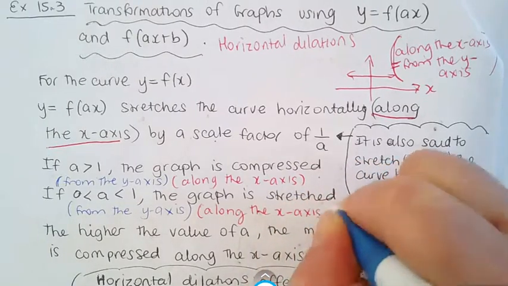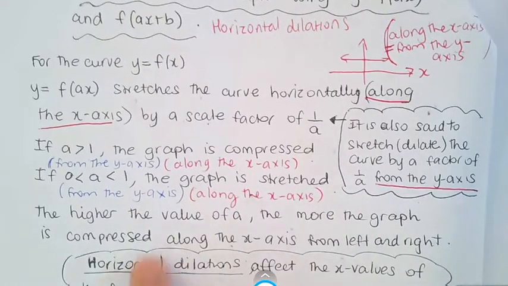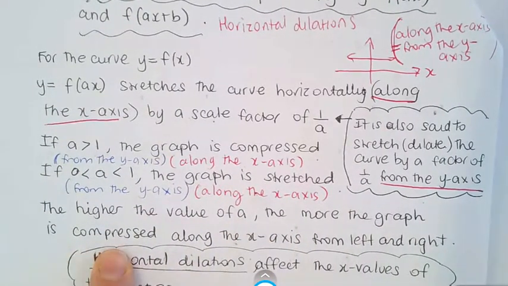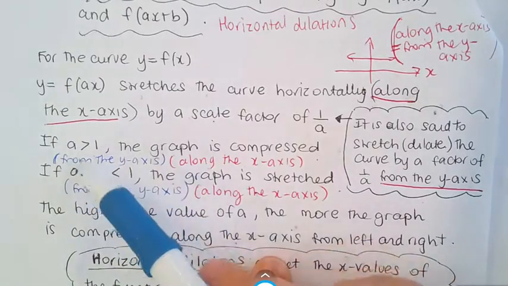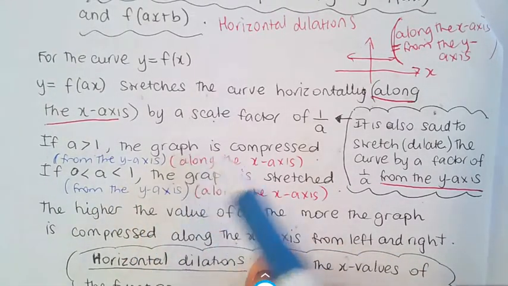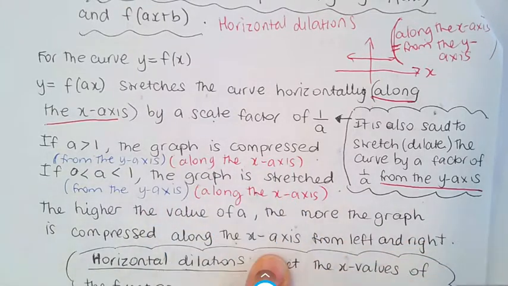It's stretched. Now, the higher the value of a, the more the graph is compressed along the x-axis. So remember, when a is greater than 1, the graph is compressed along the x-axis or from the y-axis. It means it's getting closer to it.